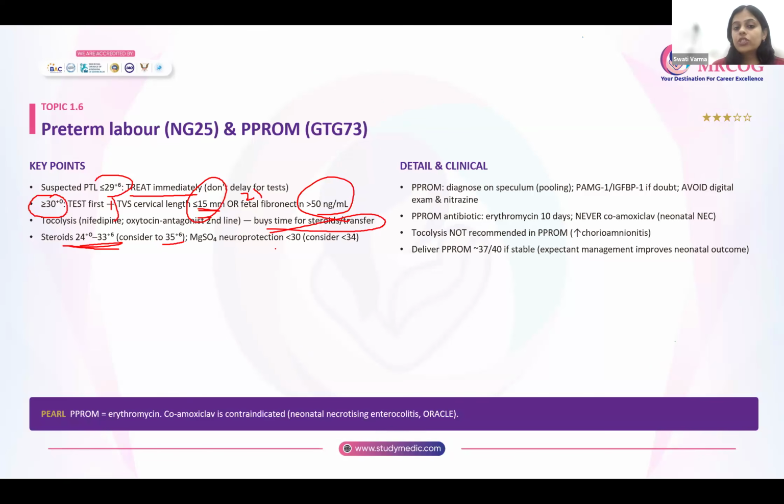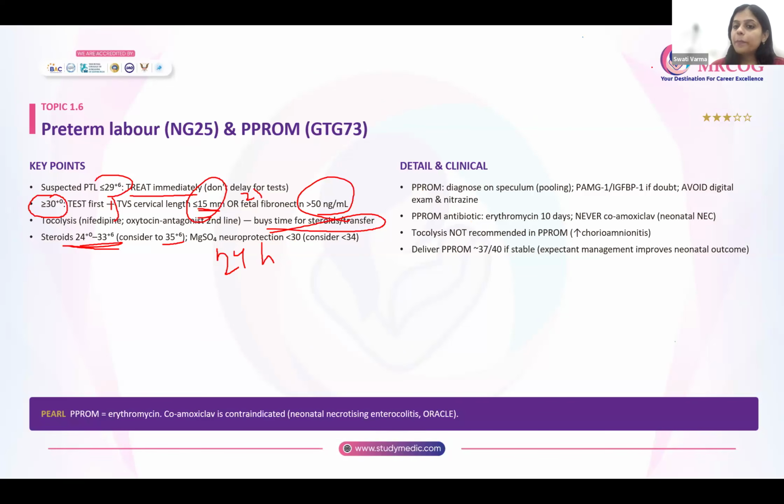Magnesium sulphate for neuroprotection should be given if you think that she is likely to deliver within 24 hours. So this is the time when you think that neuroprotection is required. If she is likely to deliver within 24 hours, then offer if she is less than 30 weeks and consider up to less than 34 weeks.